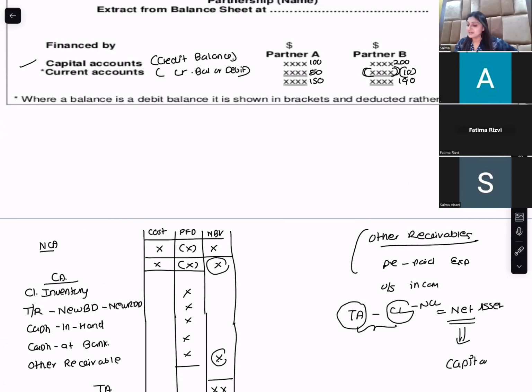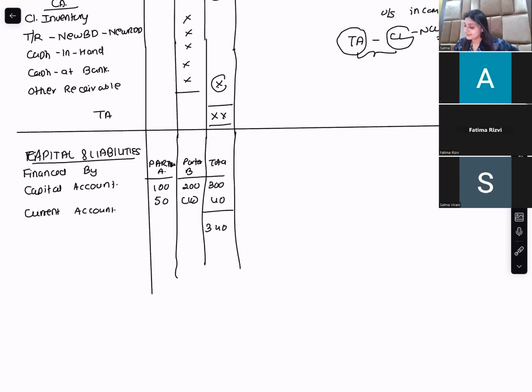That means it is the capital account balance and the current account balance together. Other way of writing it is you will write capital and liabilities. Underline it. You have three columns with you: 1, 2, and 3.